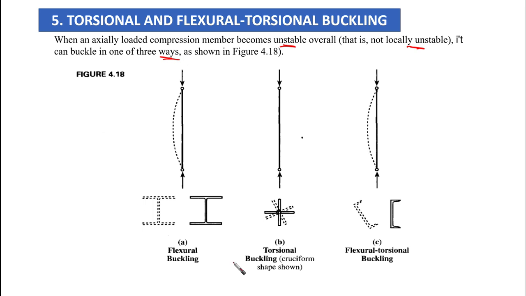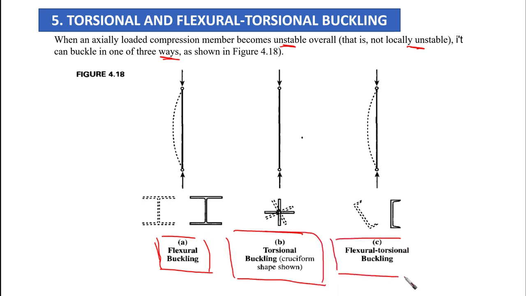So this is considered to be global buckling behavior. And this global buckling behavior can be considered as, we call one type flexural buckling, the other type torsional buckling, and the third type flexural torsional buckling.